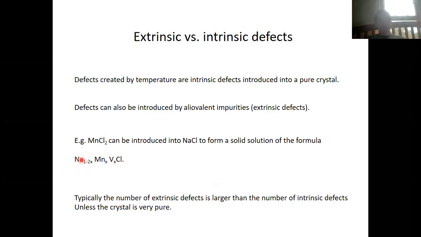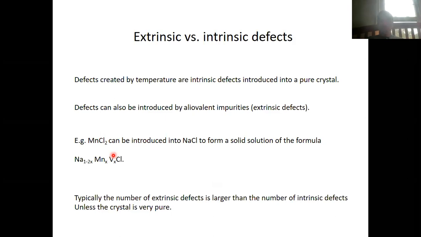So overall we will have the composition Na(1-2x)Mn(x) vacancy(x) Cl, whereby x just stands for the level of manganese impurities in the sodium chloride crystal. We create as many vacancies as we have manganese ions present. So this is a very effective way to introduce defects into crystals.